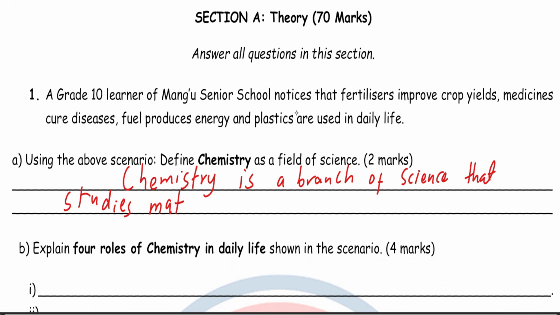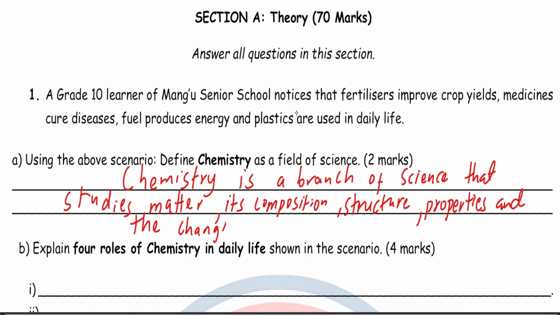Obviously, physics also studies matter, but chemistry studies the composition of matter, how matter is composed, or what it is composed of, which substances it comes from, the structure, how it looks, properties, how it behaves, is it colorless, or does it have a smell, and the changes it undergoes.